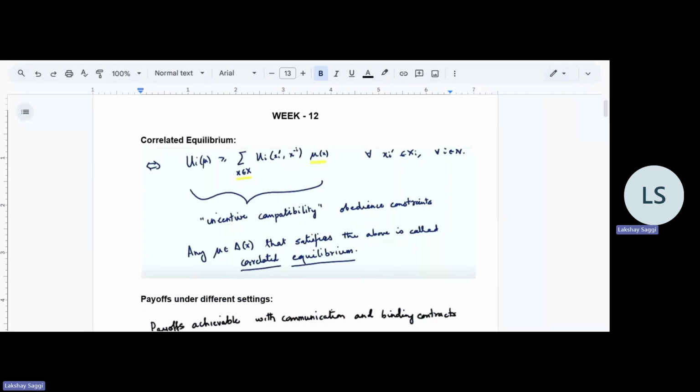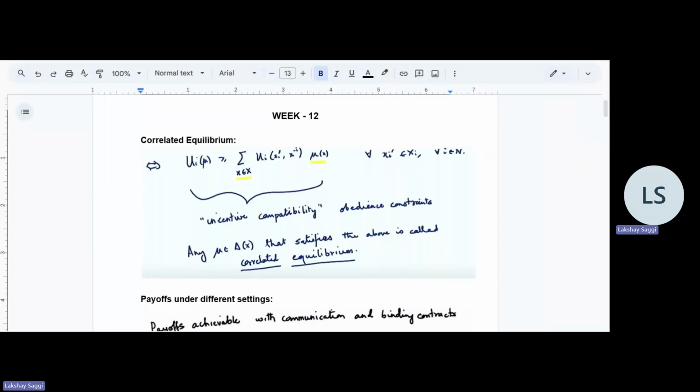Without any communication between the players, the only possible payoffs we were able to achieve were the payoffs based on Nash equilibriums. But as you will see now, if we introduce communication between the players, not during the play but a pre-play communication, where before playing their turns players just communicate beforehand, even though that communication might be non-binding.